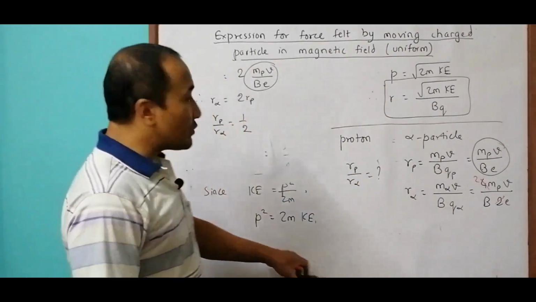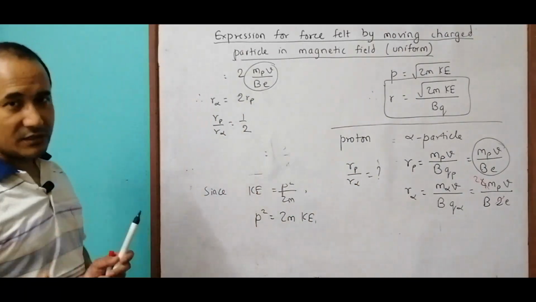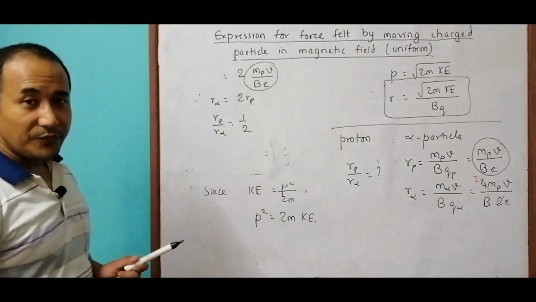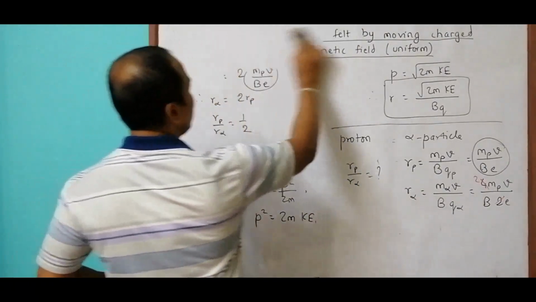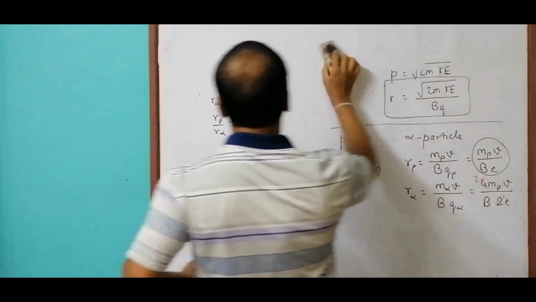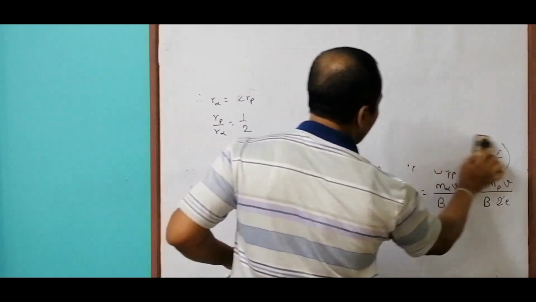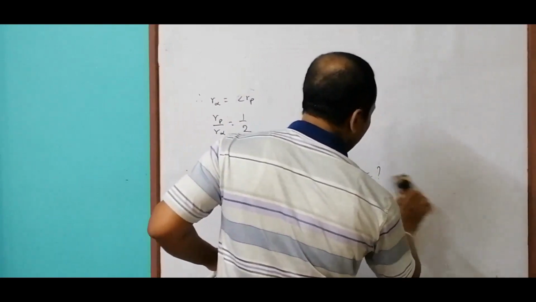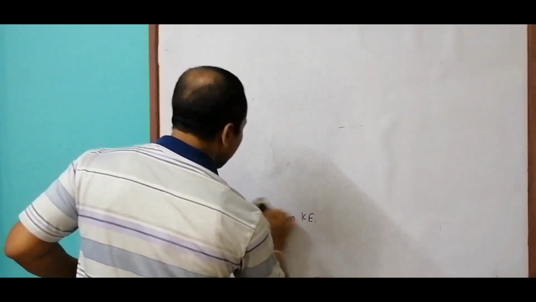So alpha will have more radius, being the heavier thing, and proton will have less radius. So this is the ratio. In such cases, we can use this formula to solve the problem. Now, next, here we have assumed that the charged particles have entered the magnetic field at exactly 90 degrees.